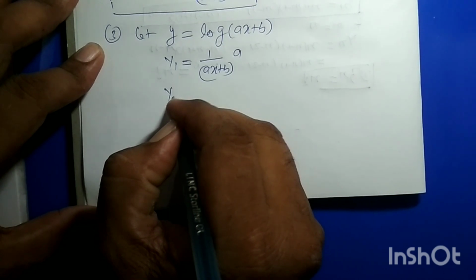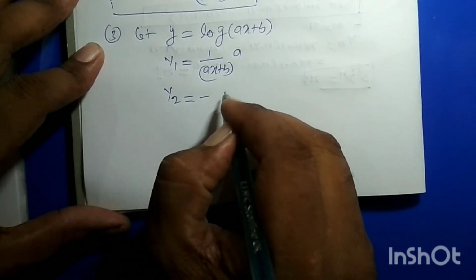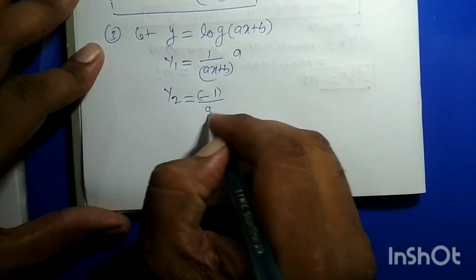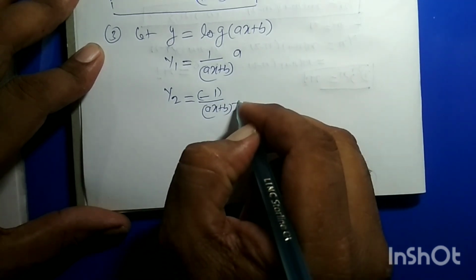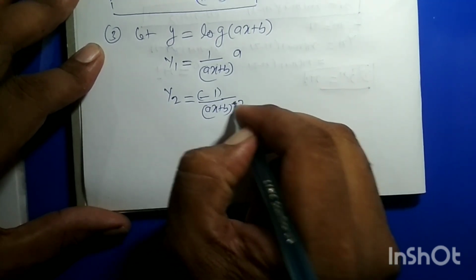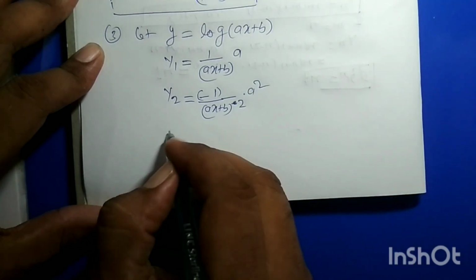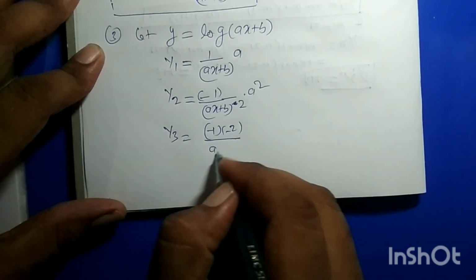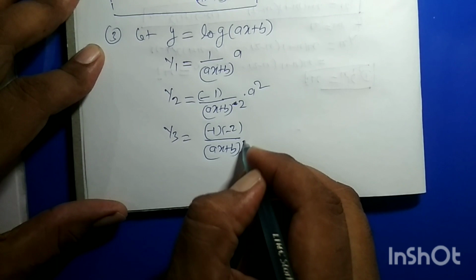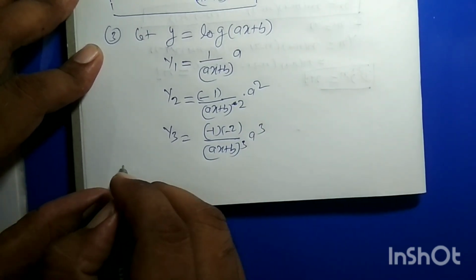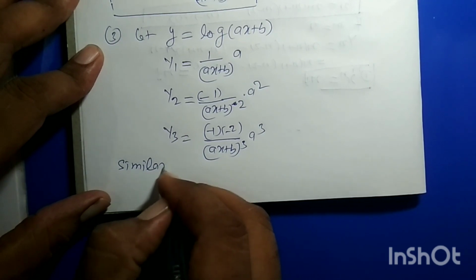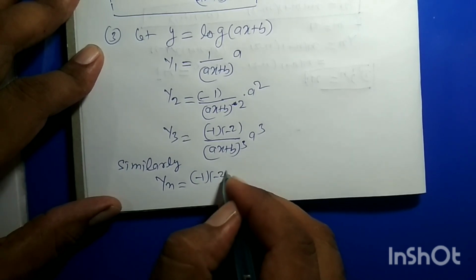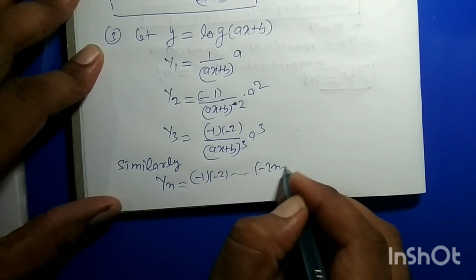Again differentiate, the second derivative y2 = -1/(ax+b)² into a². Again differentiate, the third derivative, y3 = (-1)(-2)/(ax+b)³ into a³. Similarly, the nth derivative yn, (-1)(-2)...(-(n-1)).